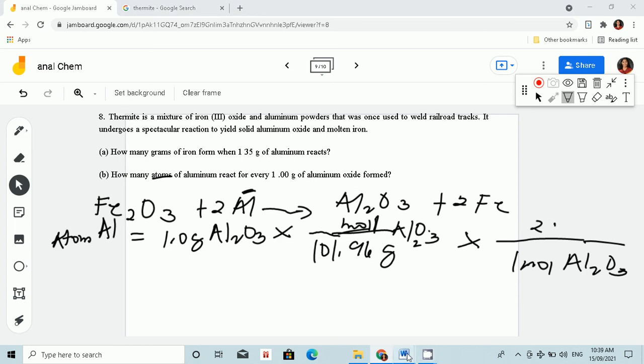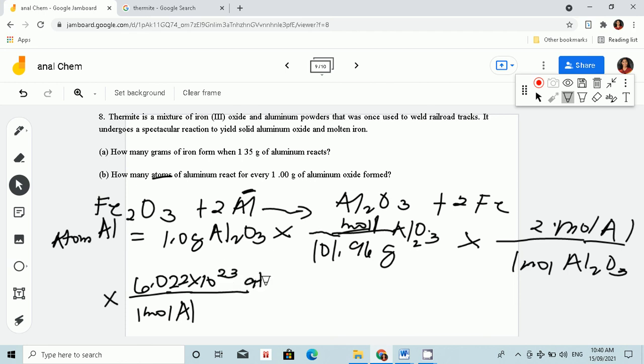Grams cancel. So this is equal to 1.00 times 2 times 6.022 times 10 to the 23, divided by 101.96.